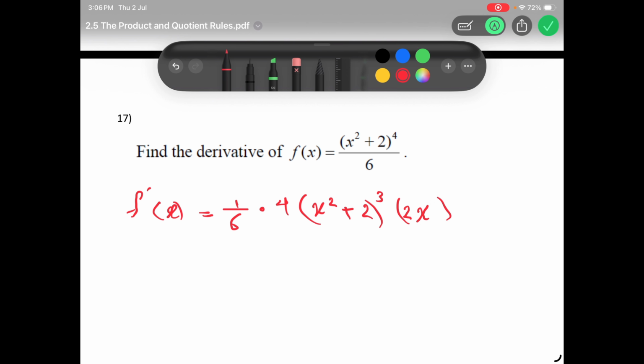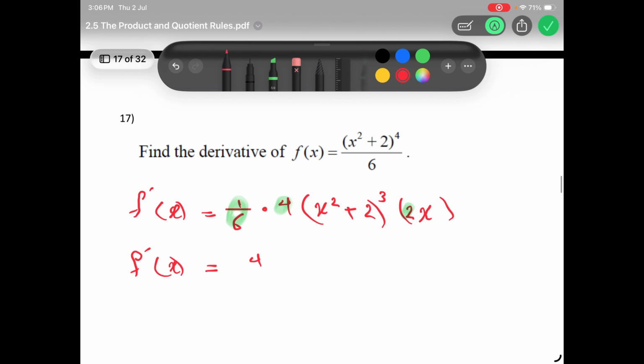So here there are like 3 numbers I can multiply and combine them all together. I can multiply 1/6 by 4 by 2, and put this in the front. So it will be 2 over 3 times 2, 4. So it will be here f prime, of course, of x, it will be 4 over 3.